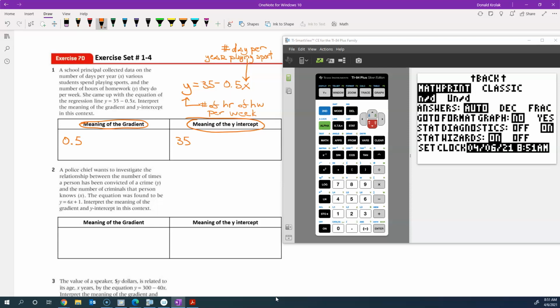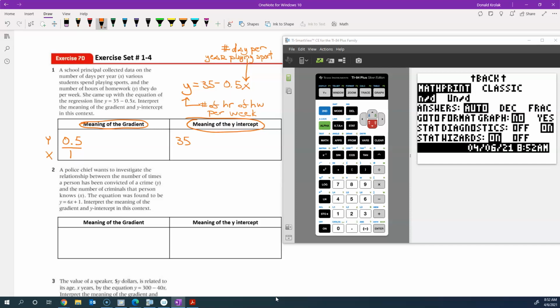All right. So now you got to figure out, well, what do these things mean? Okay, so if we look at the gradient, I could take this and put it over 1. Now the top number is the y and the bottom number are the x's.